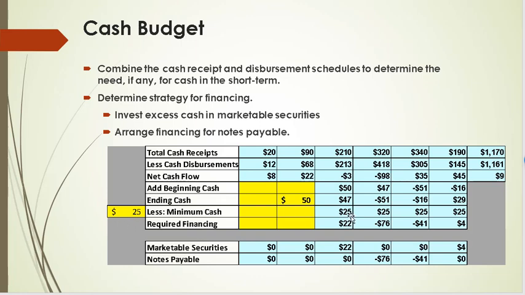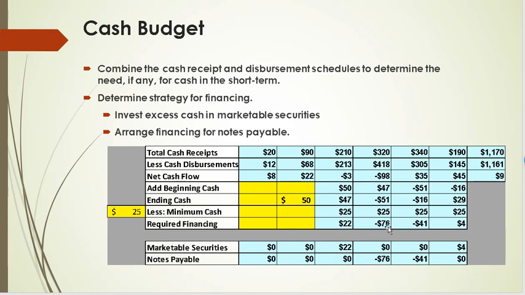So is this going to require some financing? The required financing here is positive: we have $22 more than what we needed for the month. That means we're going to take $22 and put it in marketable securities. It's going to sit there for a while.